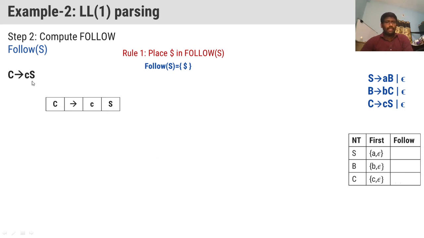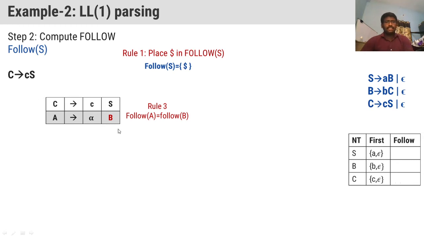What is rule number 3? Follow of S is also equal to follow of C. Since we have not found the follow of C, later we will find the follow of C, then we will add that. Now C implies CS.